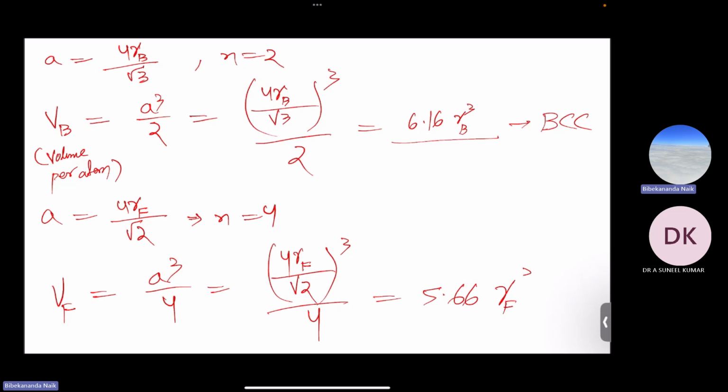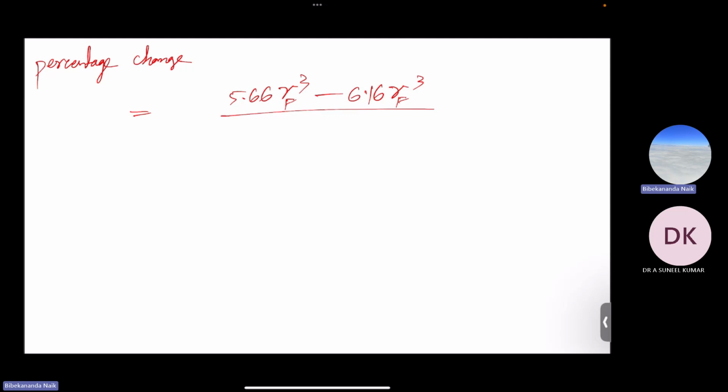And if you calculate the percentage, initially it was 6.16, but it changed from 6.16 to 5.66. So the percentage change will be final minus initial, divided by initial, into 100. That is 5.66 RF cube minus 6.16 RB cube, divided by 6.16 RB cube, into 100.